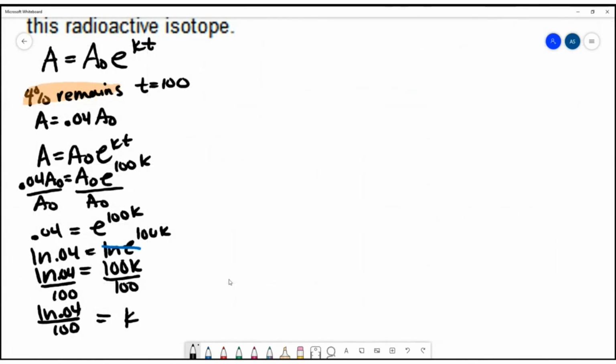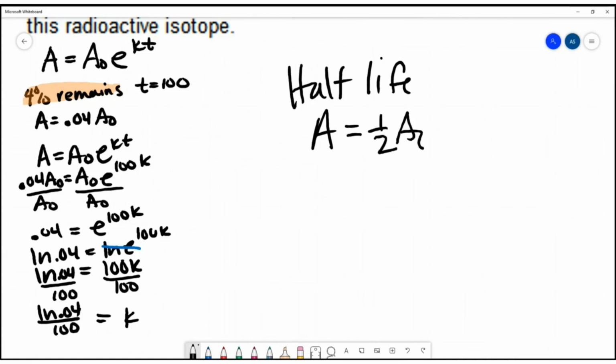So now we have K, the decay rate, and we're going to use that to find the half-life. The half-life is the amount of time it takes to decay to half of the starting amount. So that means the relationship between our ending amount and our starting amount is 1/2.